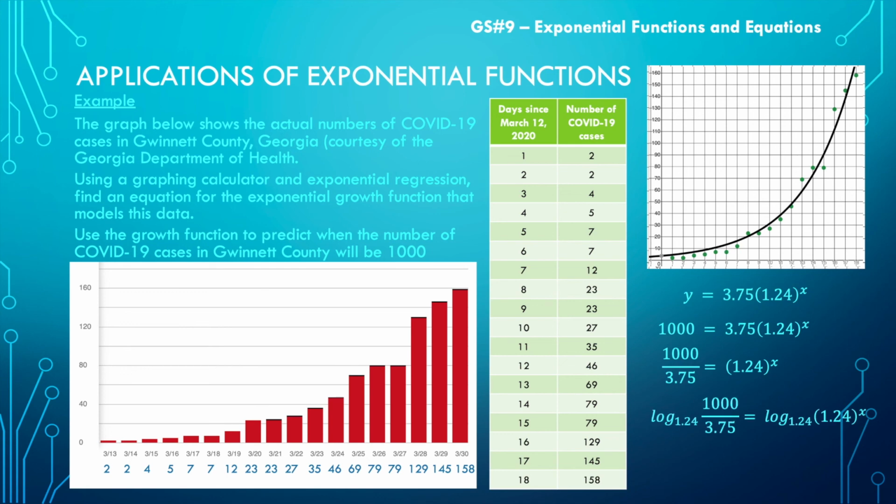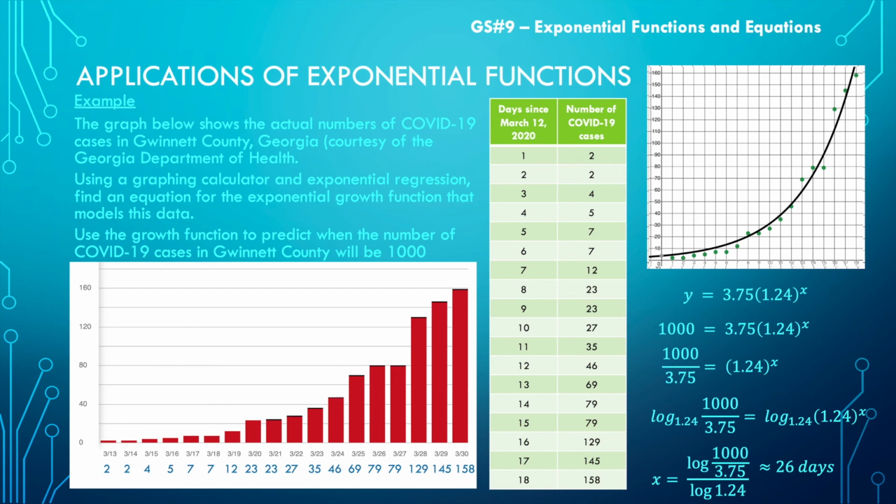And that gets rid of the right-hand side besides the x. And so x would equal the log of this quotient divided by the log of 1.24. And when I crunch this in my calculator, I get a result of about 26 days.